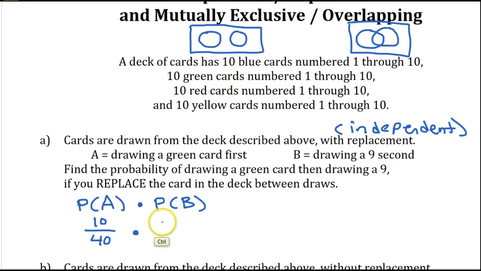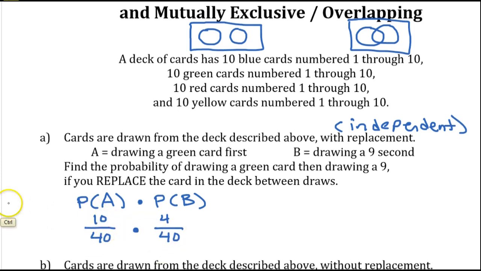So that means there are 4 9s, so that's the target. And again, there's a total of 40 cards. So this is the probability of drawing a green card. This is the probability of drawing a 9. If I multiply those together, that's going to tell me the probability of green and 9.